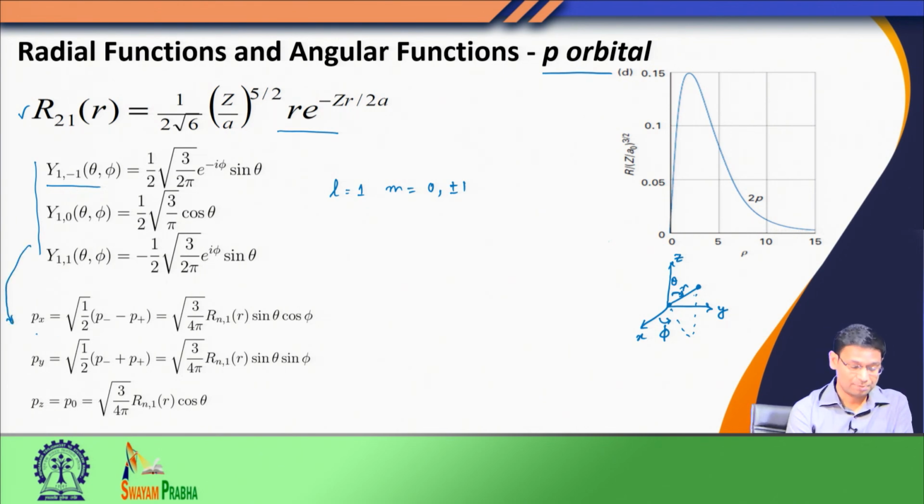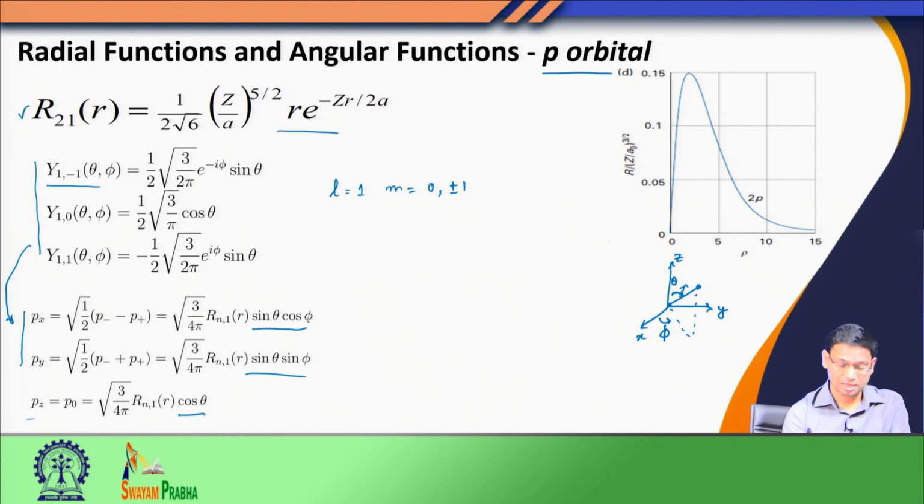So, here I am defining px, py, pz, which we are very familiar with, as linear combinations of p minus 1 and p plus 1 that give me px and py, and pz is equivalent to p 0. When I do this transformation, from complex functions to a set of real functions, I then see a sin theta cos phi or sin theta sin phi term for px and py, and I have a cosine theta for the pz term.